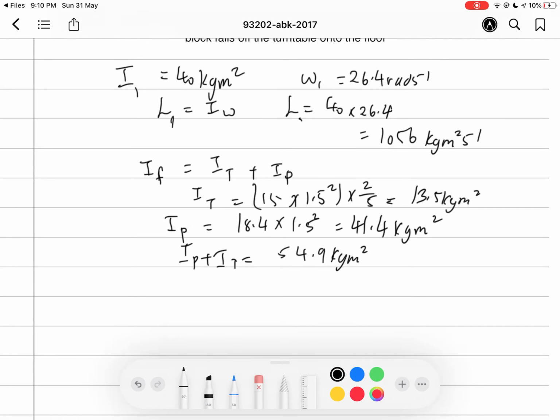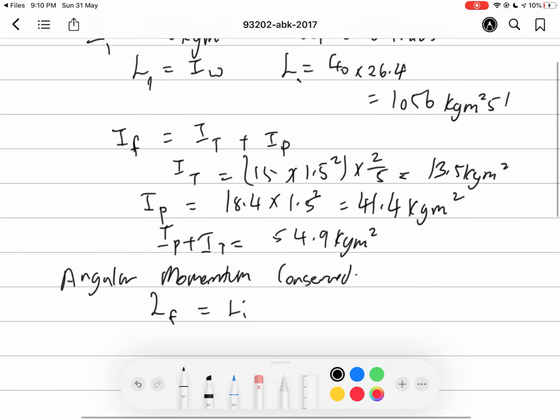And now we can use this information to calculate our final angular velocity. So we can say that angular momentum is conserved. So therefore, final is equal to our initial, and therefore 1056 equals 54.9 times our angular velocity.